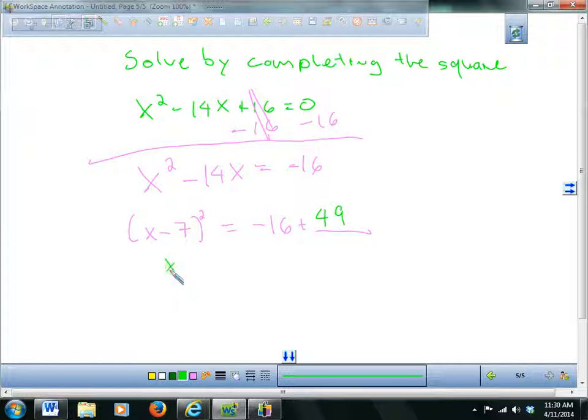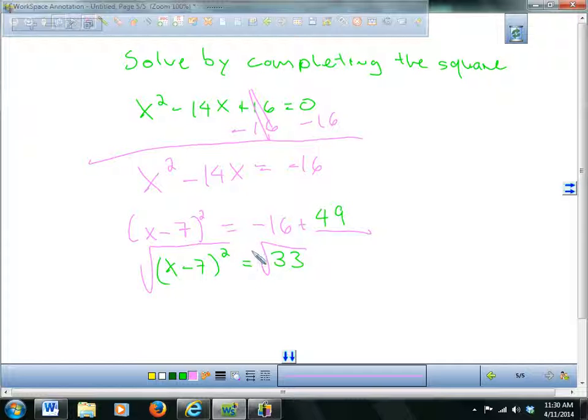Then you combine the terms. X minus 7 squared equals, what does this come out to be? 33. Now what? Square rooted. Okay, so now this is kind of good because this comes out to be a messy number. We're going to leave it as a messy number now.